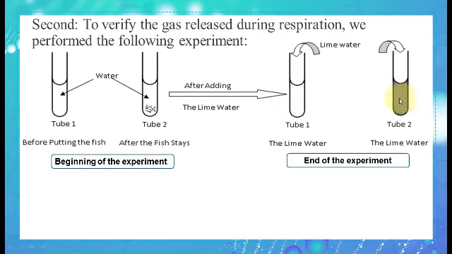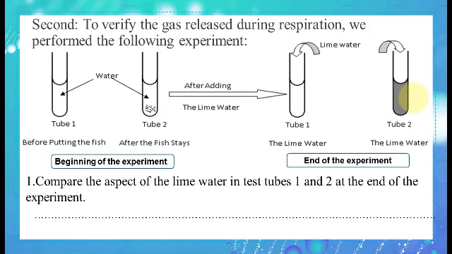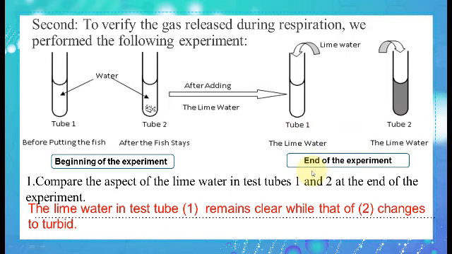Does it change? Yes, it becomes turbid. Answer number 1. Compare the aspect of lime water in test tubes 1 and 2 at the end of the experiment. The lime water in test tube 1 remains clear, while that of 2 changes to turbid.